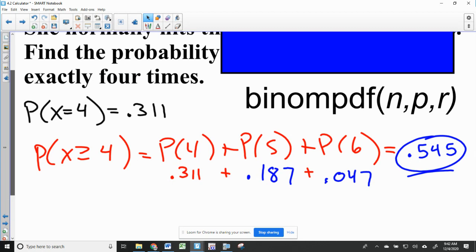P is your probability, 60%. What'd you get? 0.766? Do it again with 3, not 4. How does that compare to this?